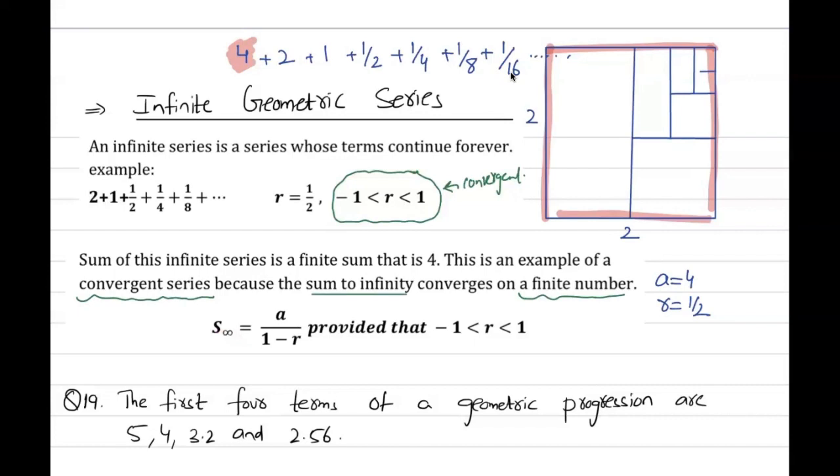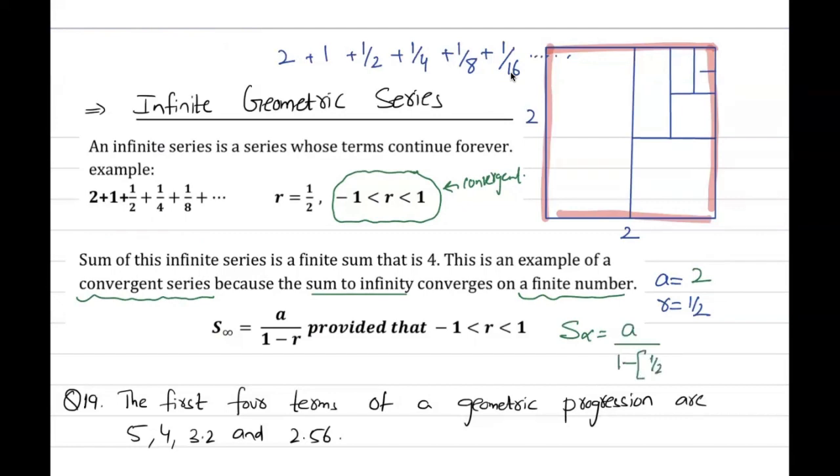My bad, the first term is 2 over here. I'm starting with 2, as in this example. So what is going to be the sum to infinity for this? It is going to be a upon 1 minus r.